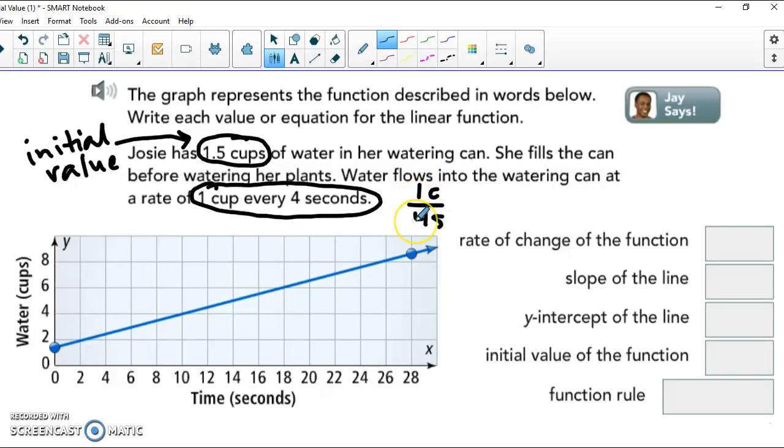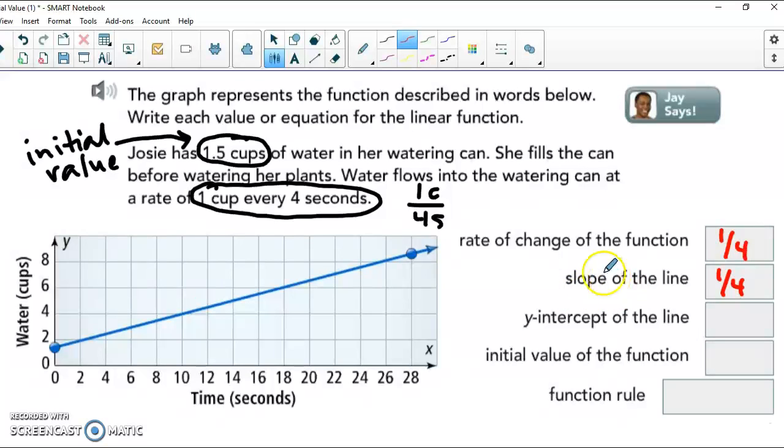When I write it as a fraction, it looks an awful lot like rate of change or slope. So this is the rate at which my function is changing, 1 cup every 4 seconds. That's my rate of change of the function, which means it's also the slope of my line.